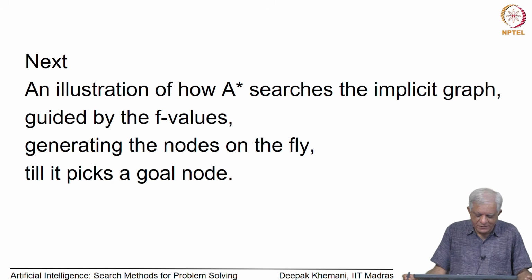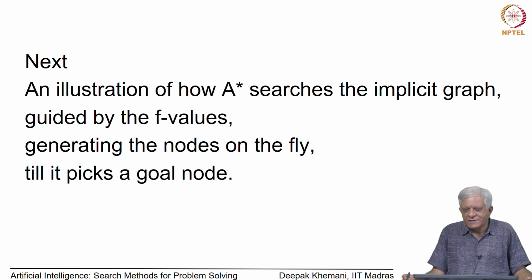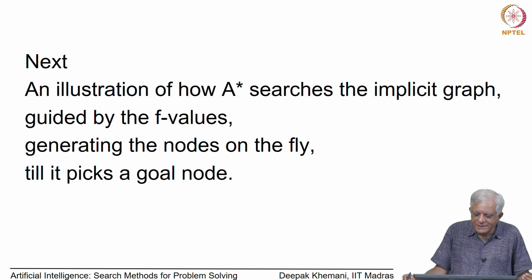So, it generates it on the fly. The algorithm A star is guided by f values, and it continues doing that till it picks the goal node. So, in the next session, we will look at a detailed example, and hopefully that will make the behavior of the A star algorithm very unambiguously clear. So, we will do that in the next session.